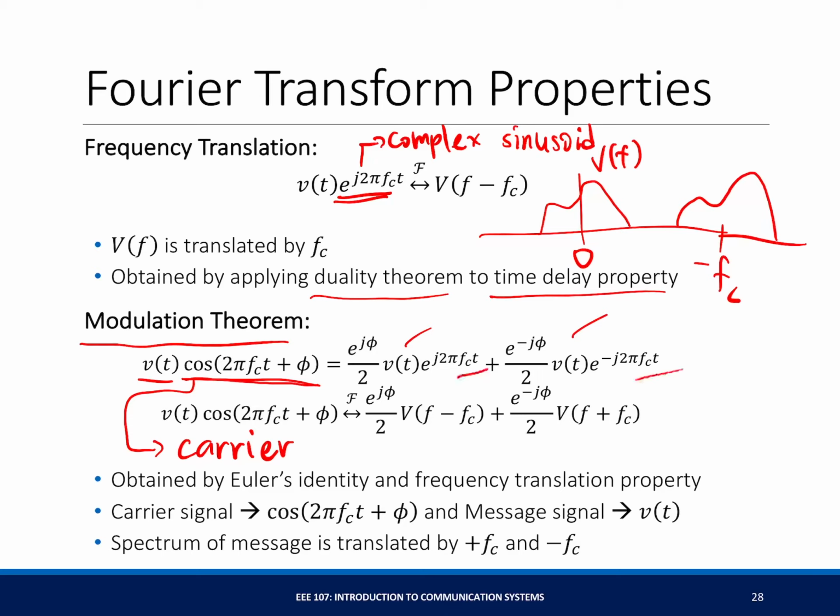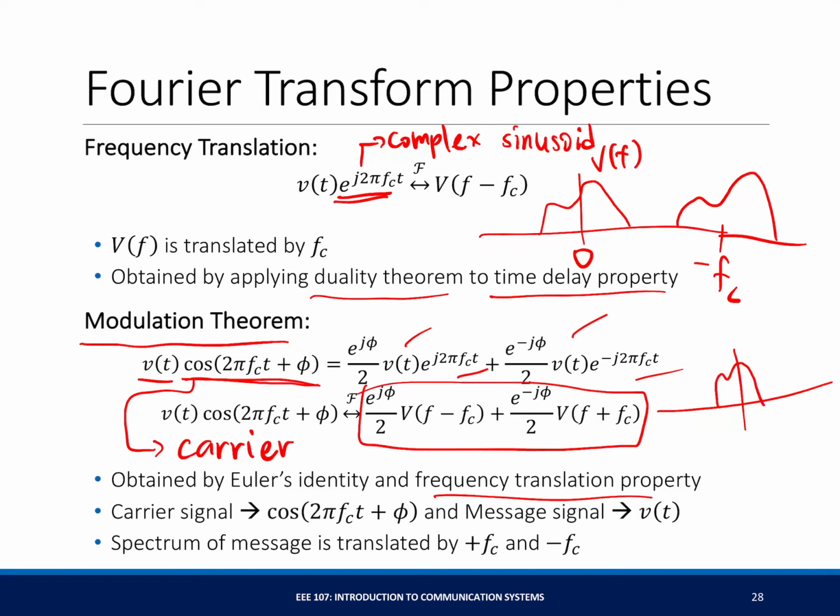If you get the Fourier transform of these individual signals using the frequency translation property, you get this equation right here. So what does it do? If your original spectrum looks like this, what happens is the magnitude spectrum, the cosine function shifts it and splits it into two different subparts. Okay?